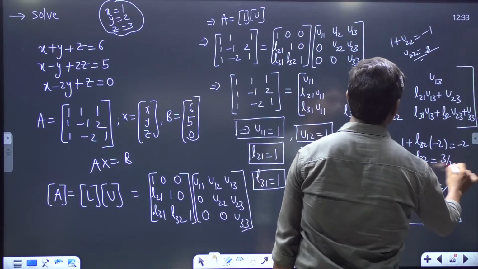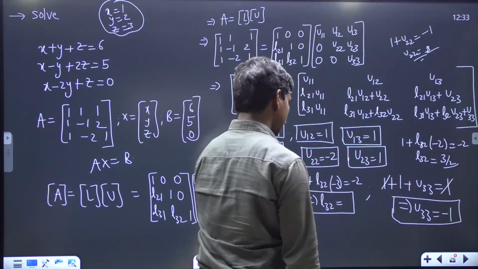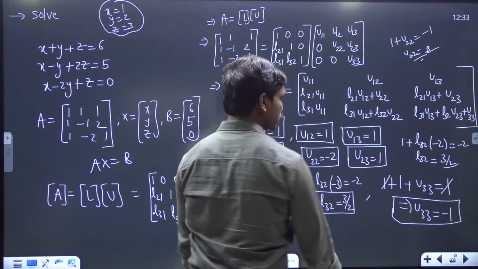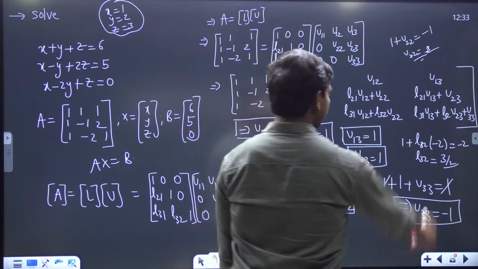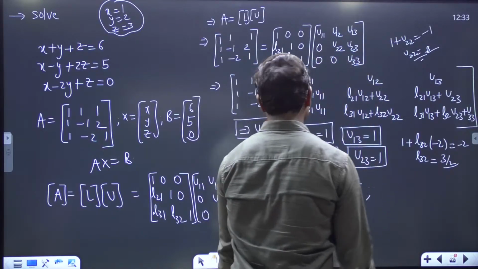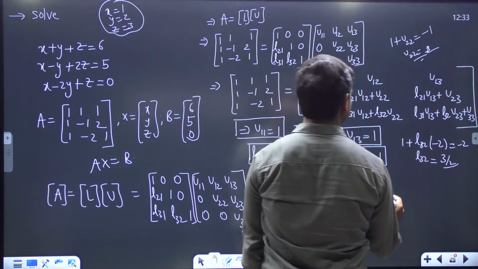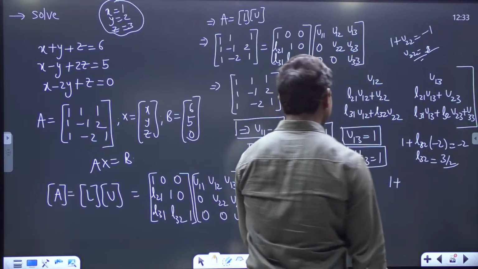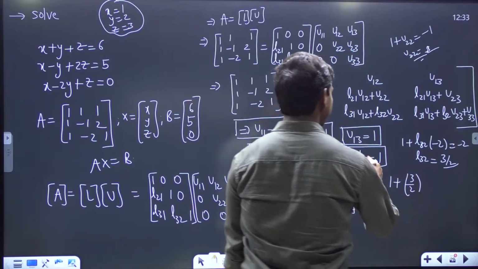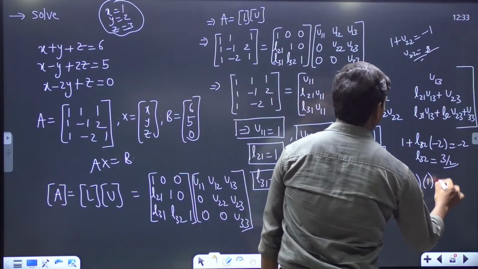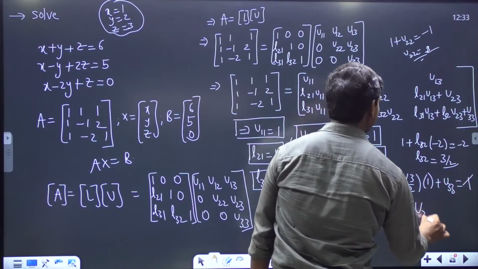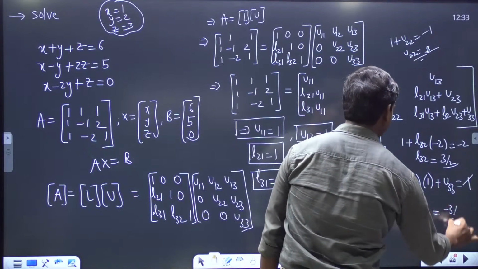So L32 is 3 by 2. Next, if the L32 value changes, this last value also changes. So let me correct here also. L31 into U13, which is 1, plus L32 into U23 is 1, plus U33 is equal to 1. So 1 gets cancelled. U33 is equal to minus 3 by 2.